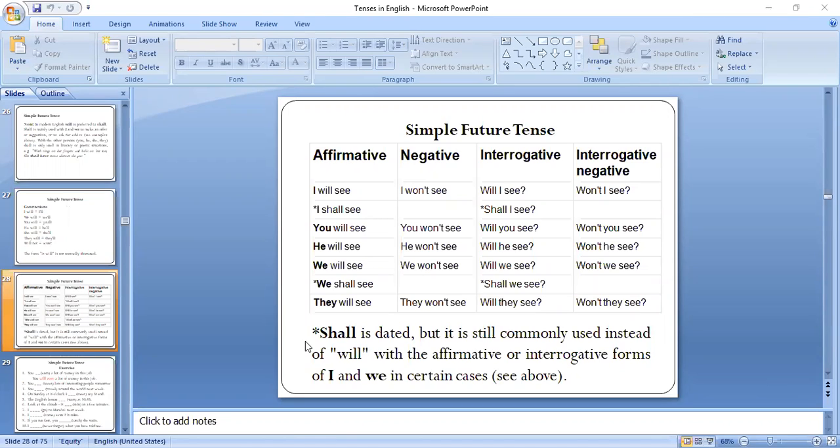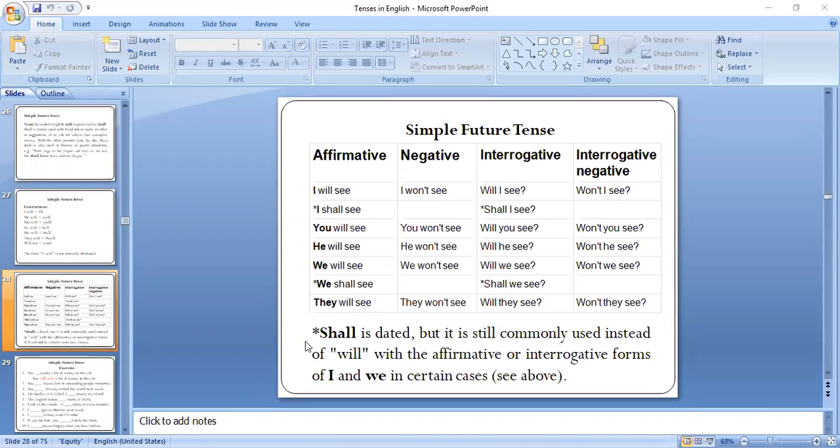Shall is dated, but it is still commonly used instead of will with the affirmative or interrogative forms of I and we in certain cases.